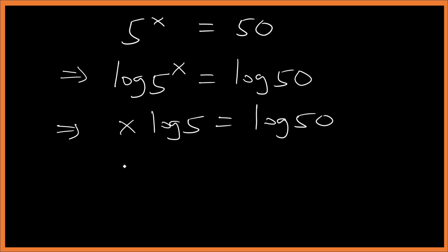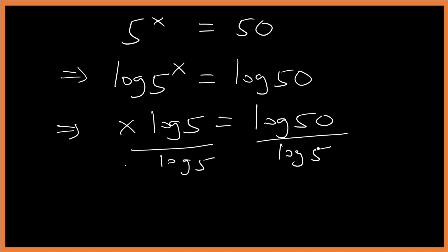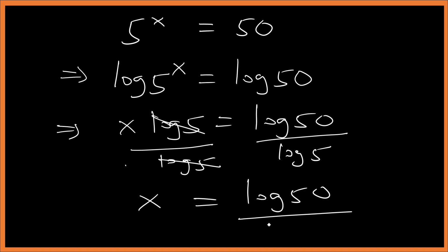So we can divide both sides by log 5. So this side will cancel. x will be log 50 over log 5.